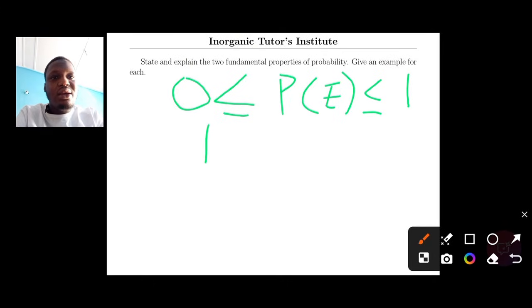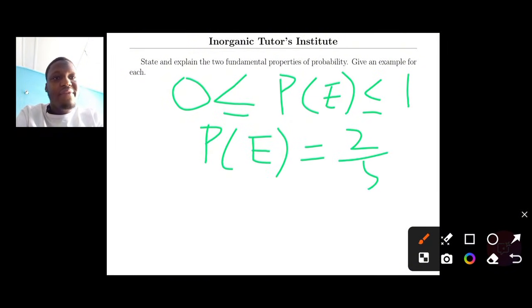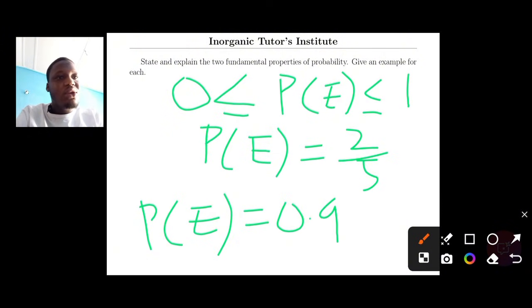So give an example for each. We can say probability of E equals maybe 2/5, or probability of E equals 0.9. You might also see it in percentage, 70%.